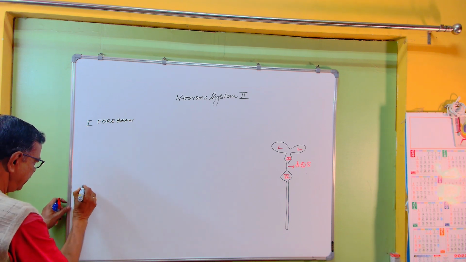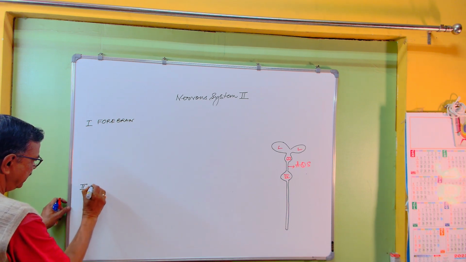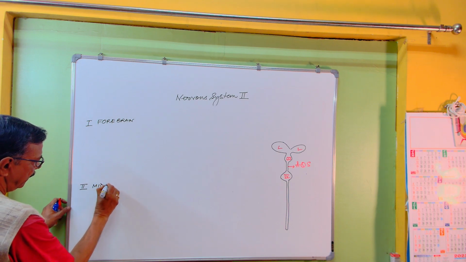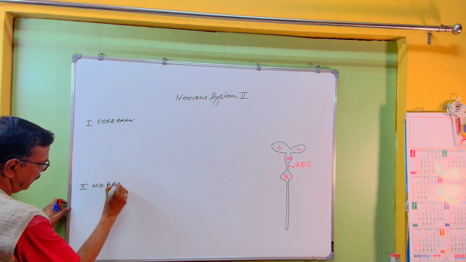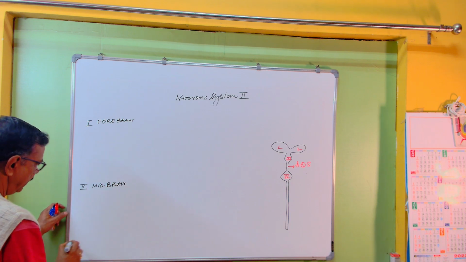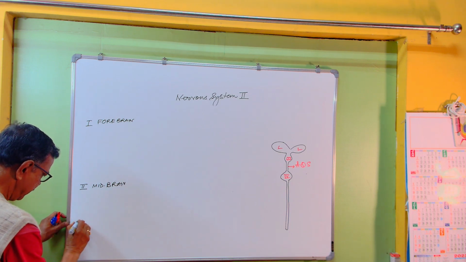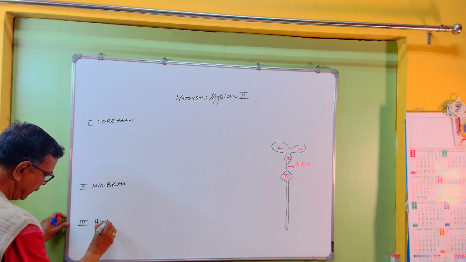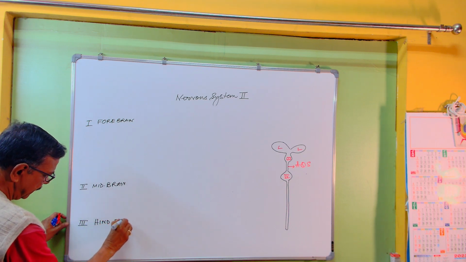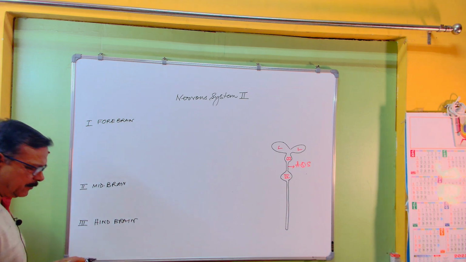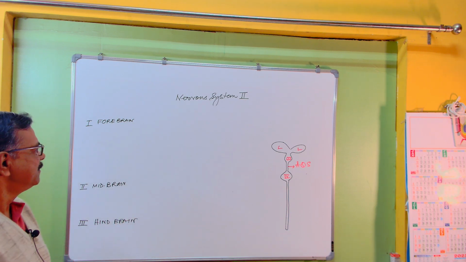Number two is the midbrain. And number three is the hindbrain. Up to this, there will not be any difficulties.